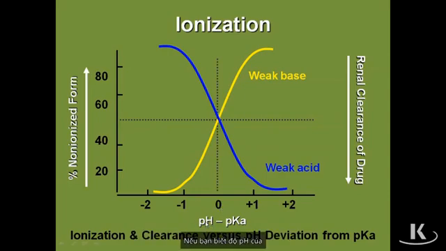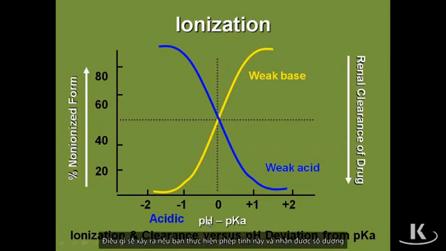But think about that calculation for a minute. If you know the pH of the environment, and you know the drug's pKa, and you do this calculation, and you come up with a negative number, what does that really mean? What does that tell you if pH minus pKa is a negative number? Well, that means you're going to fall on the left side of this graph, and that means obviously that pH is lower than pKa, and we would define that as an acidic environment.